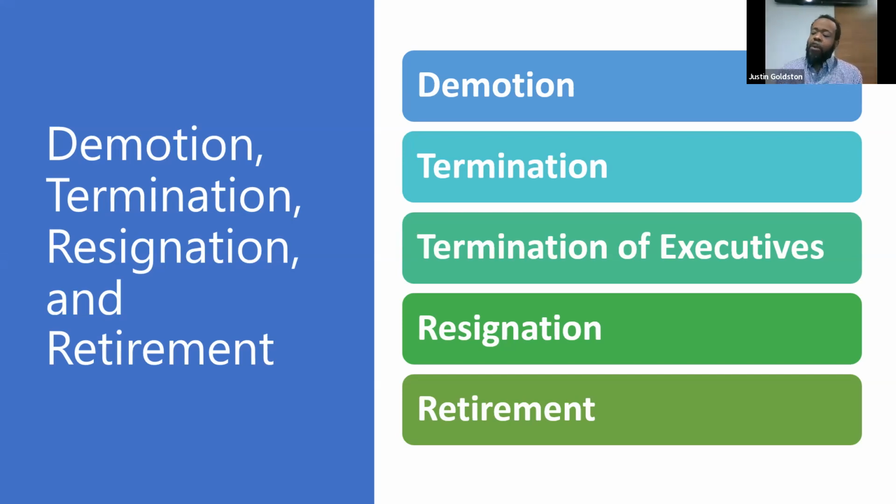Okay. Moving on to the termination of executives. The termination of executives is different than the termination of lower level employees. Most executives do have an employee contract that will identify things that will happen if those executives are terminated.